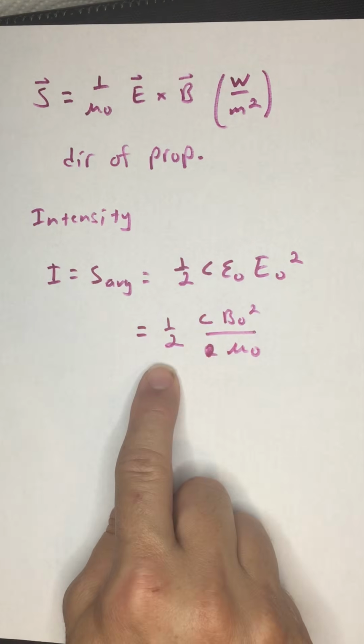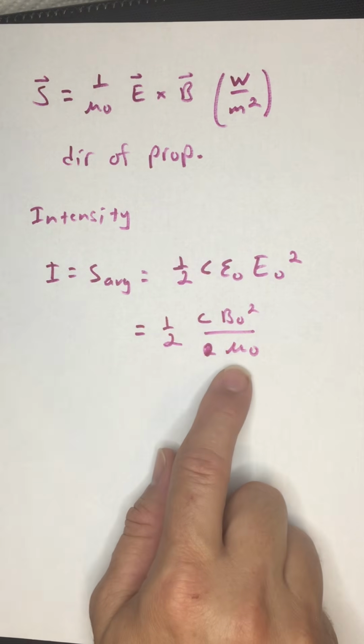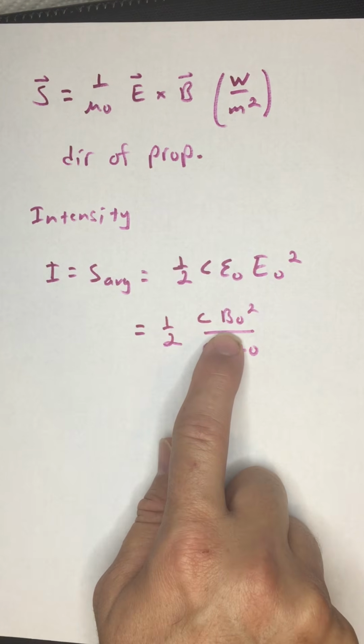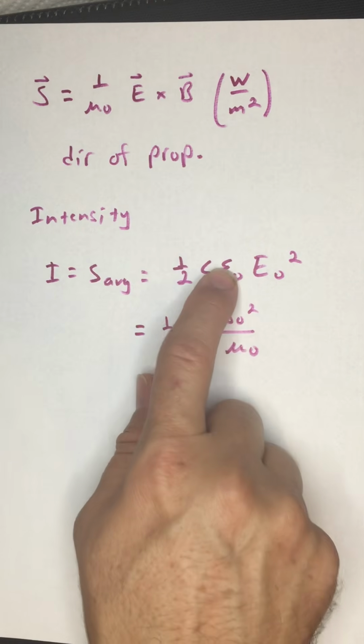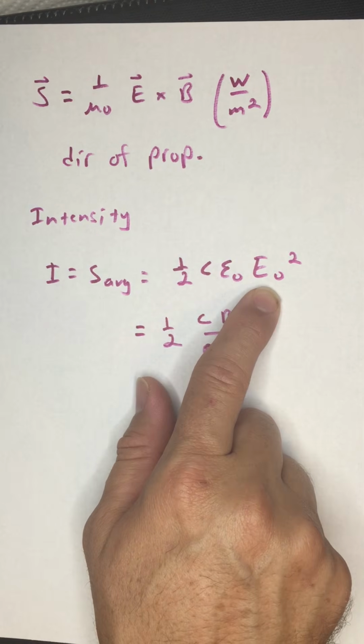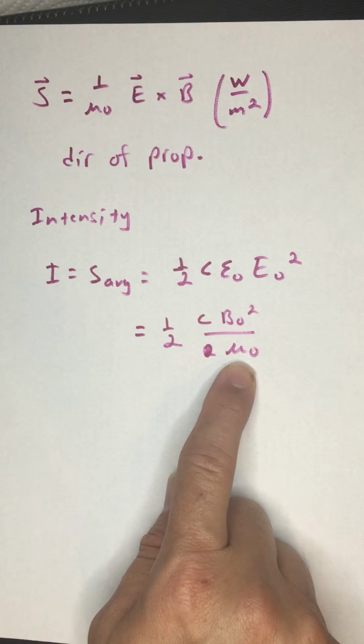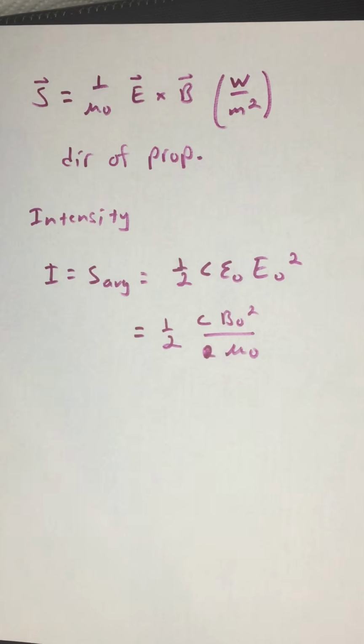Again, 1/2 tells us there was an averaging process. I've got my magnetic constant here appearing with my magnetic field, just like my electric constant appeared with my electric field. Notice this is in the denominator where this is in the numerator. But you've seen something similar to that before when you saw the magnetic field due to a wire. Mu naught was in the numerator, whereas the electric field due to a point charge, it was in the denominator. So that's pretty standard.